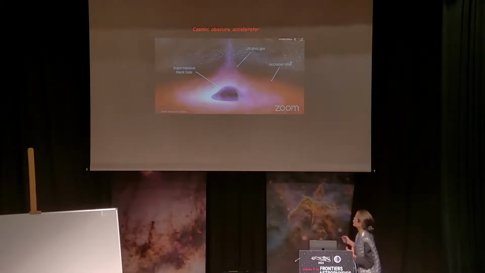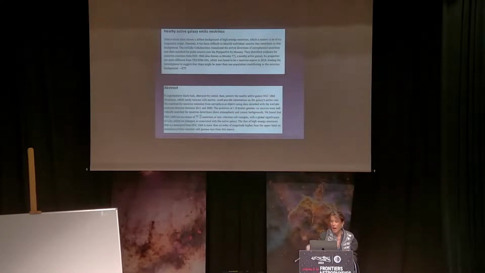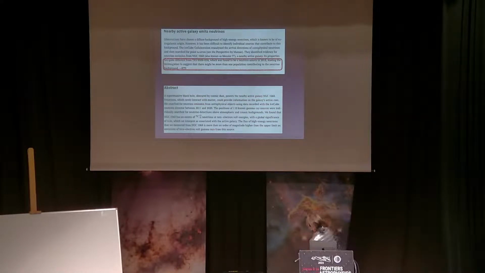This cosmic obscure accelerator has ultra-hot gas, a supermassive black hole in the center, and an accretion disk. This is the galaxy Messier 77, and you can see that a nearby active galaxy emits neutrinos. Here is the most important thing: this source is quite different from the other blazar, which was found to be a neutrino source in 2018, leading investigators to suggest that there might be more than one population contributing to the neutrino background.